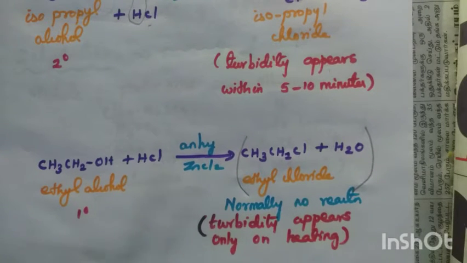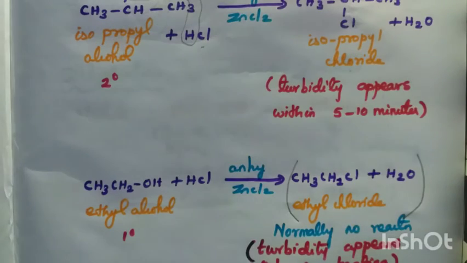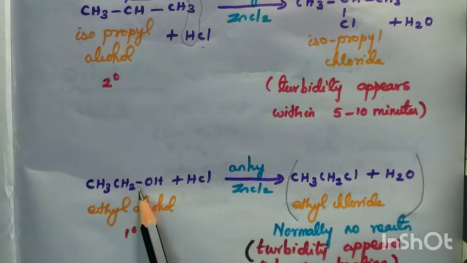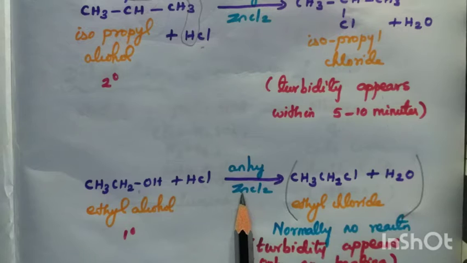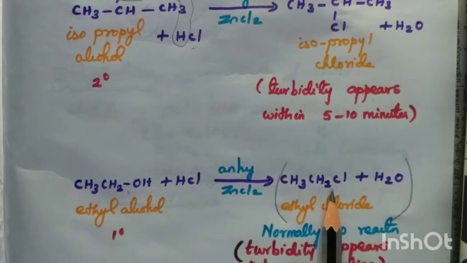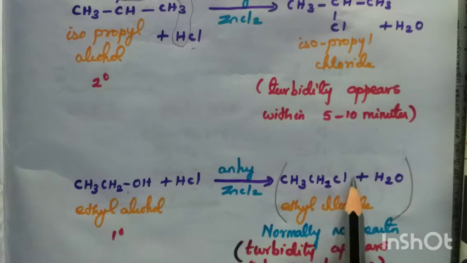Now we are going to see the primary alcohol. The standard example for primary alcohol is ethyl alcohol. Primary alcohol with the Lucas reagent, that is concentrated HCl and anhydrous zinc chloride, has a tendency to give ethyl chloride, but it does not form at room temperature. What is turbidity? The chloride formed is insoluble, so it seems turbid.